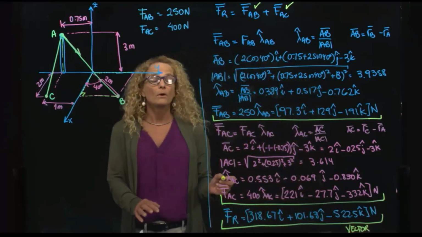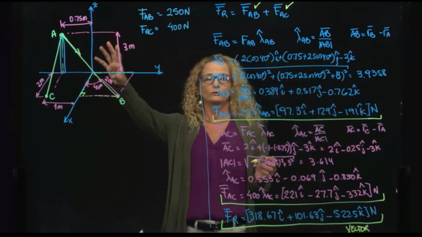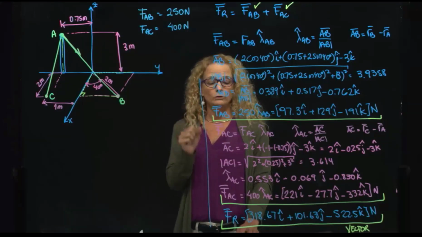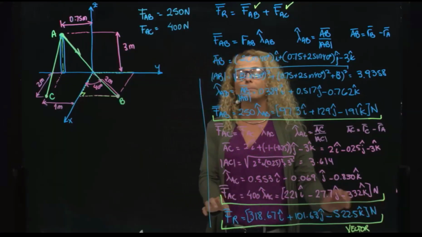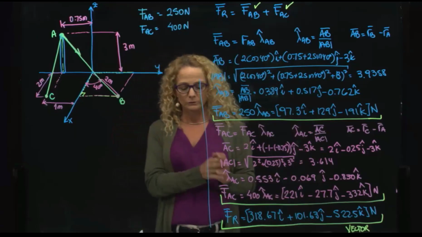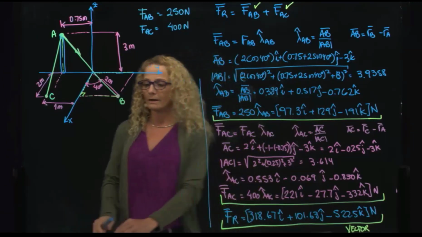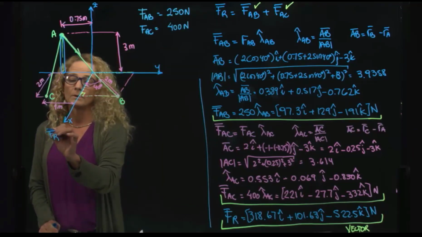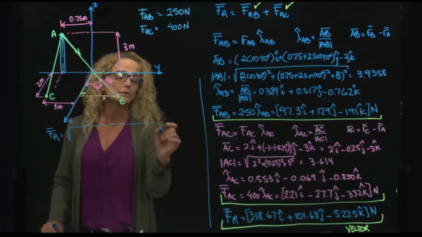So I was able to find the resultant force as a vector with three components, because we are working in three-dimensional space, right? Now, they want us to find as well, not only the vector form, but the magnitude and direction. So let's do that. Over here that I have a little bit of space, the magnitude of a vector will be the square root of each component squared.